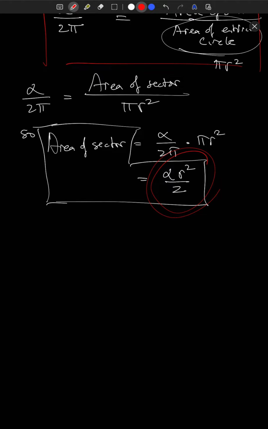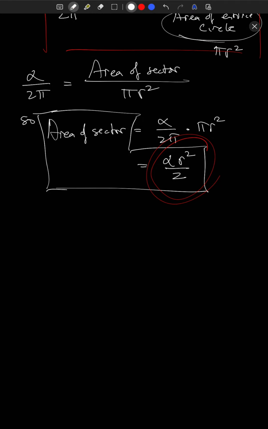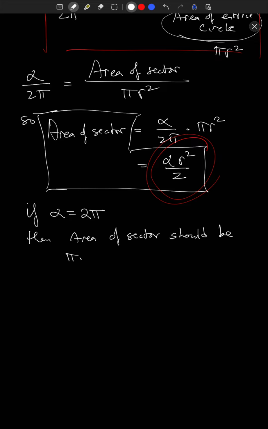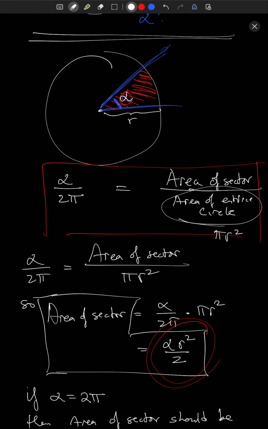Okay, so let's see if this again makes sense. If our angle alpha is all the way around, right, the entire circle, so if alpha is equal to 2 pi, in other words 360 degrees, then the area of the sector should be the area of the entire circle, so pi r squared, right?